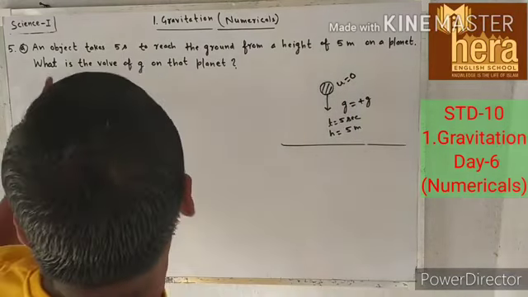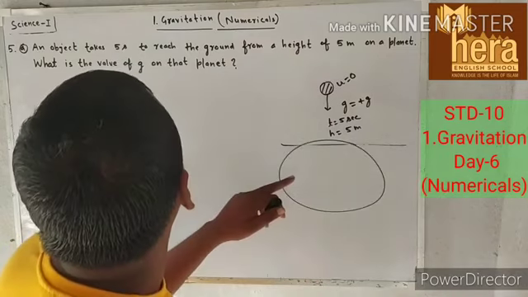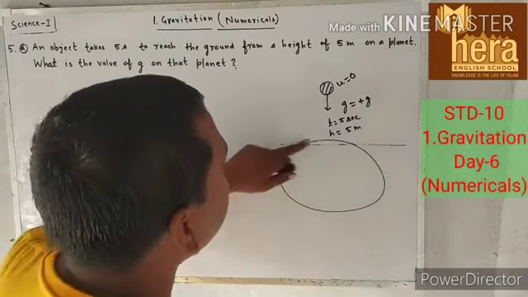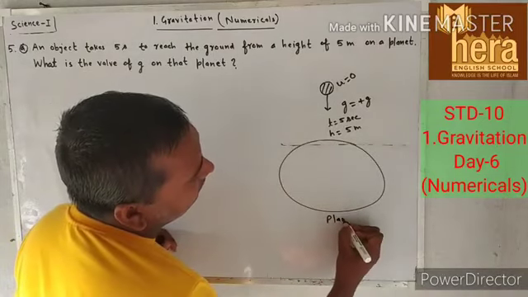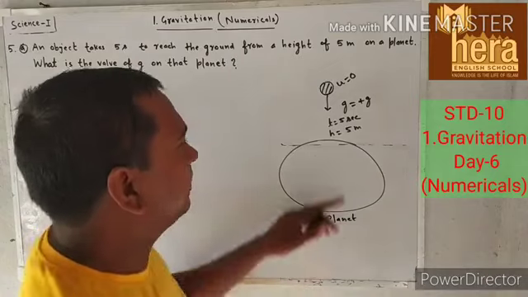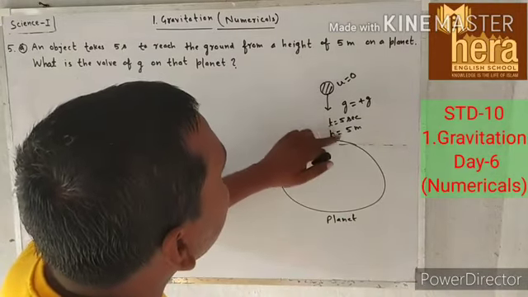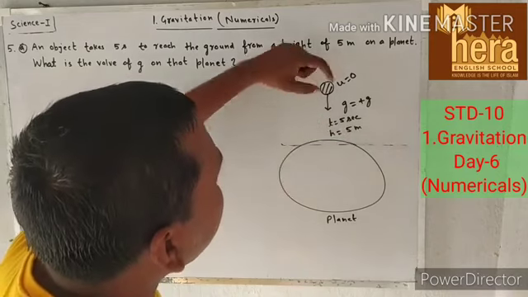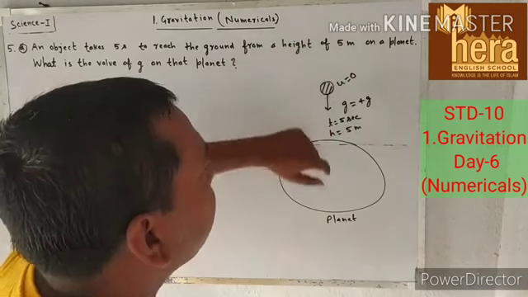What is the value of G on that planet? Say this is any planet. It's not Earth, any planet. From this planet, an object is at a height of 5 meters, and it takes 5 seconds to reach the planet.